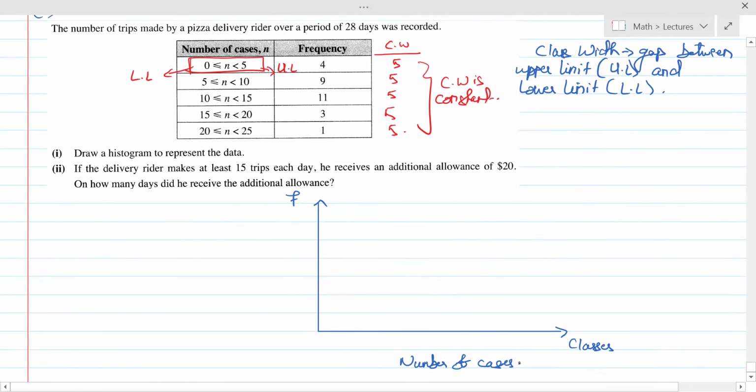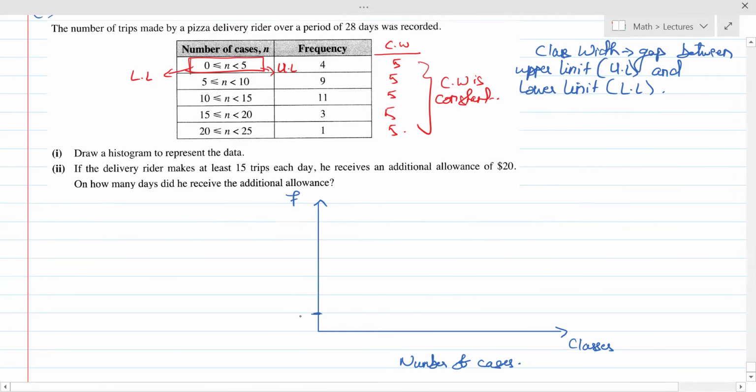Now we have to scale it and make sure that all the values fit in the axis drawn. For me, the vertical axis has to be for the frequency, and frequency we can see is going from 1 till 11.